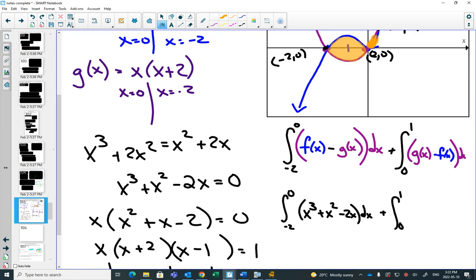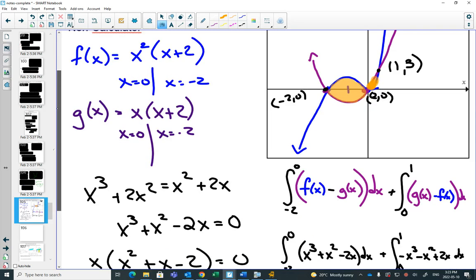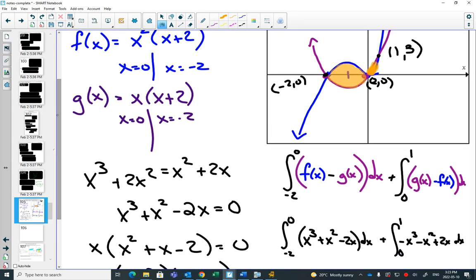If you subtract them the other way, it will be negative x cubed minus x squared plus 2x dx. Just double check my math when I subtracted them. Yeah, perfect.